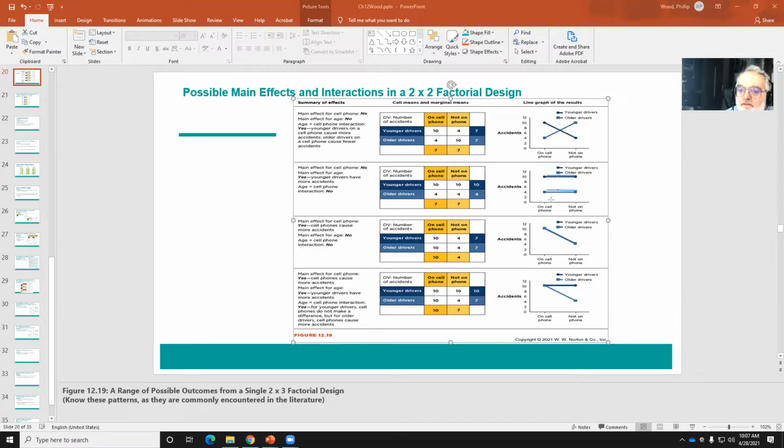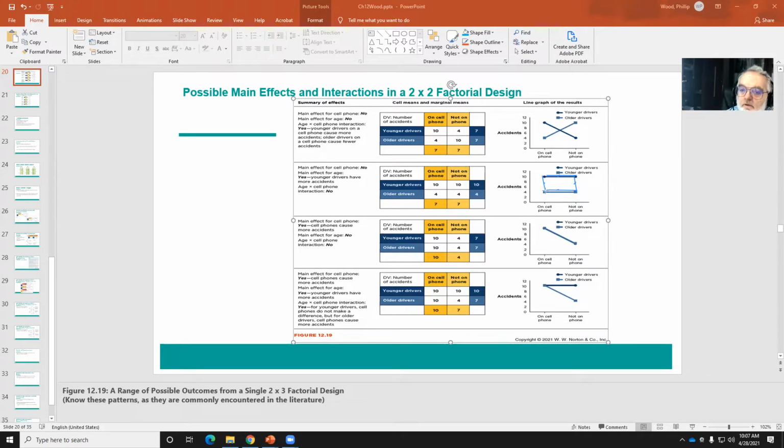But there's no main effect for on the cell phone versus not on the cell phone. If I consider this data point and this data point and put a dot here, and similarly for this one and put a dot here, the mean of those two lines is also the same.